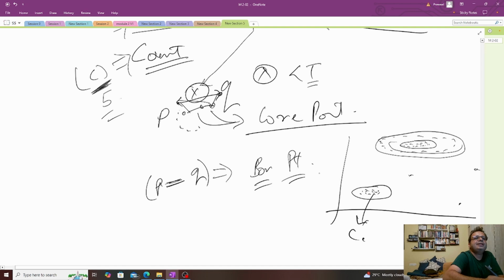So you don't need a value of k. These are core points, so they become one cluster. These are core points, they become another cluster. This also becomes one cluster. If the points are isolated like this, they become border points, and these are more like anomalies, which can be ignored. So this algorithm helps you work with data which has anomalies and is not that clean. That's where DBSCAN and similar algorithms are used.